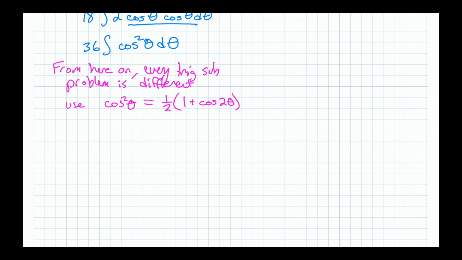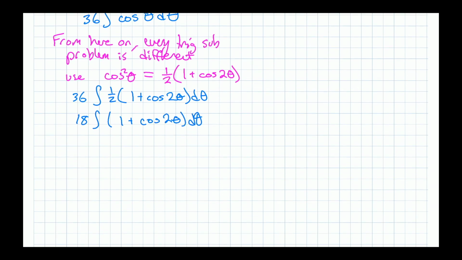Okay, so let's use that identity there. So we have 36 integral 1/2 parentheses 1 plus cosine 2 theta d theta. Take the 1/2 out with the 36, and we have an 18 times 1 plus cosine 2 theta d theta.